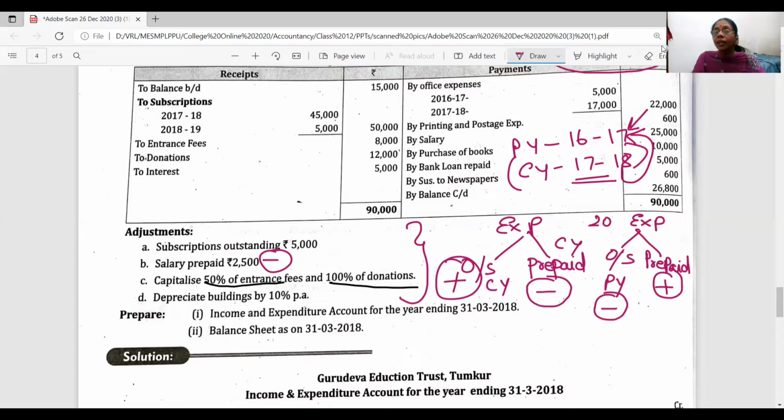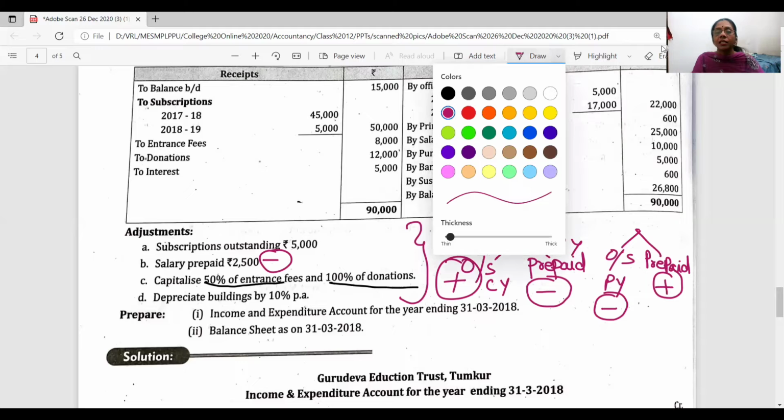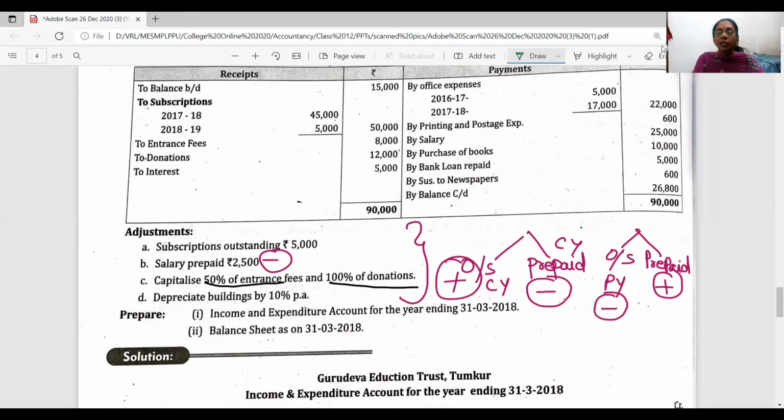And the same technique you can follow even for the incomes also. So when you talk about incomes, the same technique works out. I just put it across like this here. So let's imagine it is incomes, right? When you take these incomes, outstanding incomes, we don't actually call it outstanding; we say yet to be received, accrued, that is earned but not received.